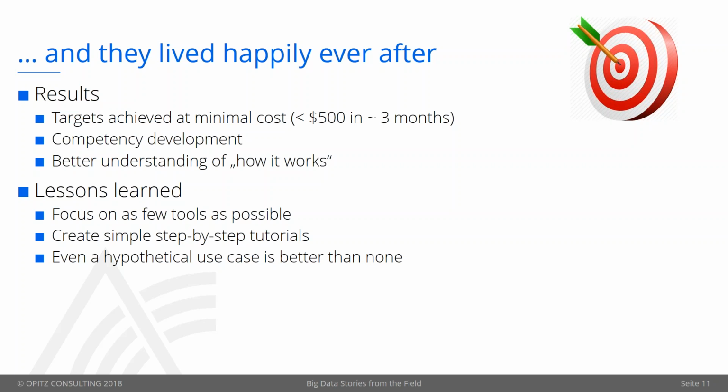During the runtime of this project, which was 3 months, we spent less than $500 in AWS resources. Of course, with a, let's say, a dedicated education of what to do and what not to do. Competency development was felt to be adequate for the time and for the time invested as well.